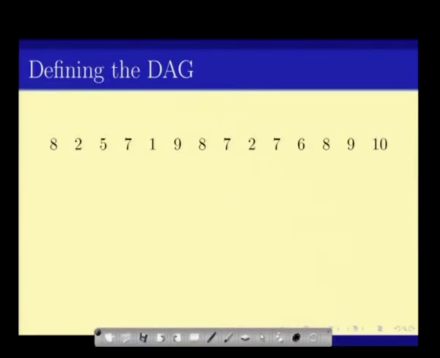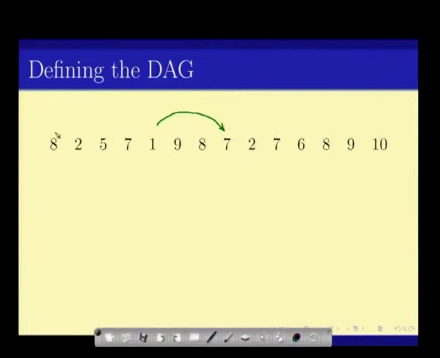Now, in this example, we want to draw a graph. How do we draw the graph? The idea is that if I have two numbers where one is less than the other, say 1 is less than 7, then I will draw a directed edge, and I will keep on doing it.